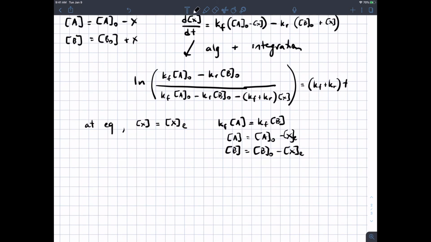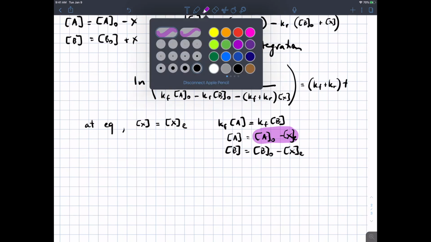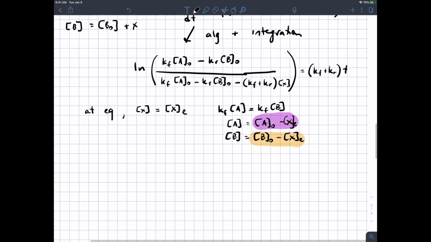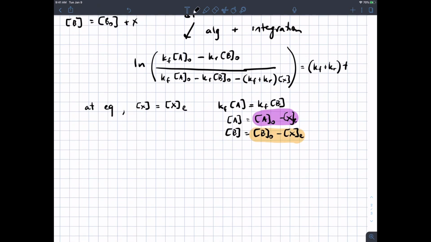So if you substitute what I highlighted in purple for the concentration of A, and if you substitute what I highlighted in orange for the concentration of B, and then you rearrange it a little bit, you can show that the following has to be true.